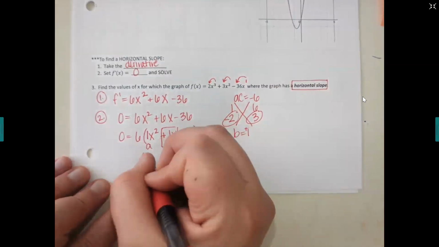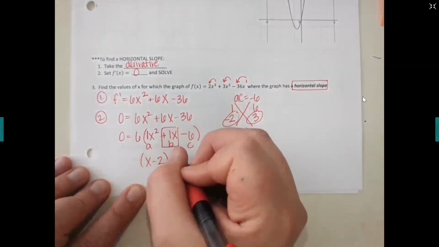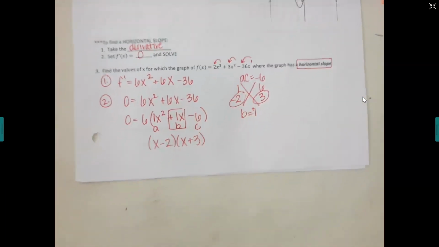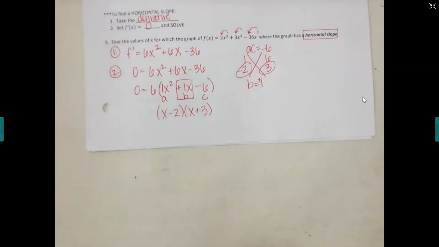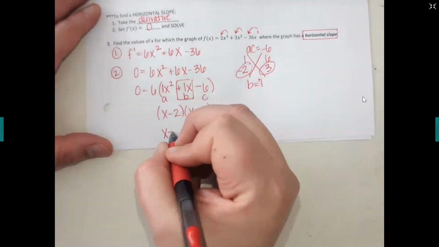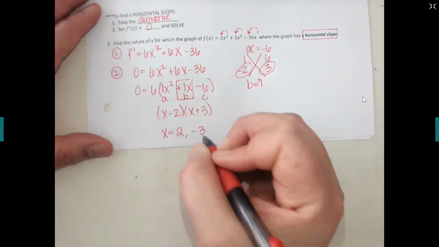So I have x minus 2 and x plus 3. If my A is a 1, I'm done. Is my A a 1 this time? Yes. Remember the 6 that was there, we pulled that out. Okay, that's gone. My A is a 1, so I'm done. My factors then are x equals 2 and negative 3.